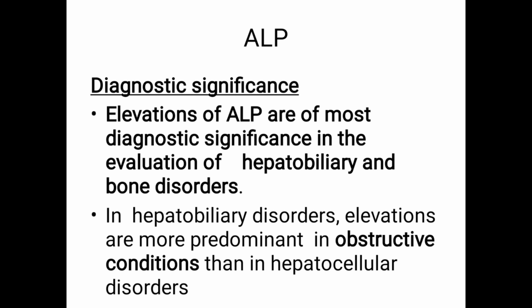What is jaundice? You will see in clinical chemistry. You may have studied it in physiology, but we will see briefly again what jaundice is. So ALP level increases in hepatobiliary disorder, and elevations are more prominent in obstructive conditions than in hepatocellular disorder.